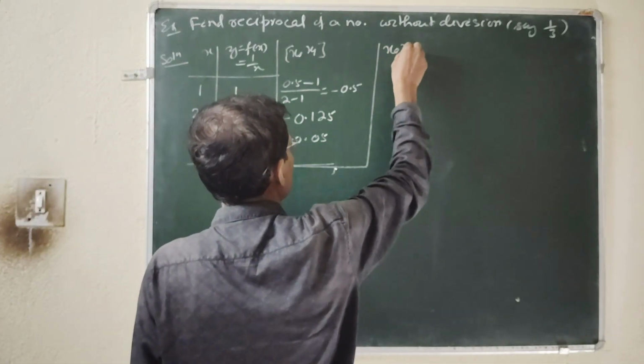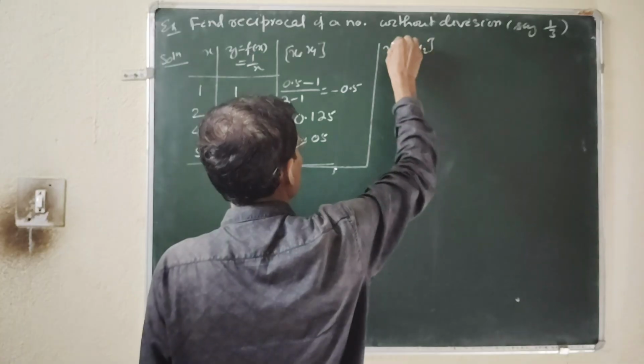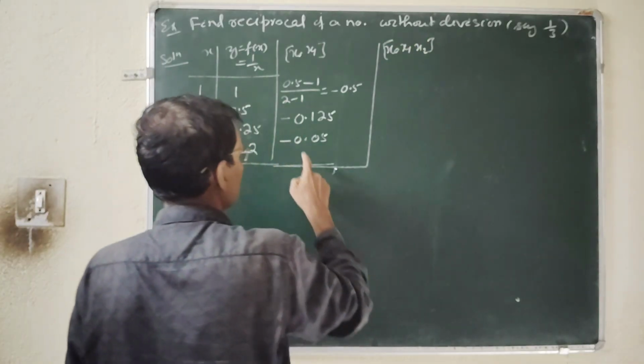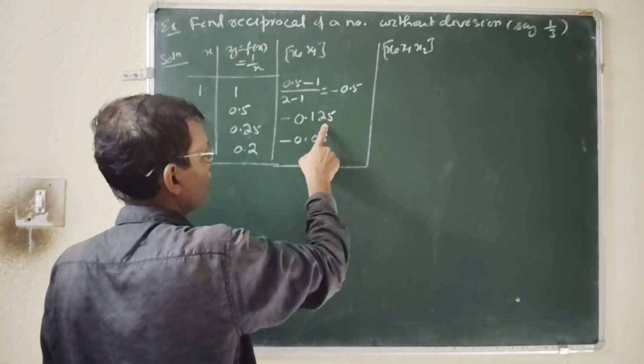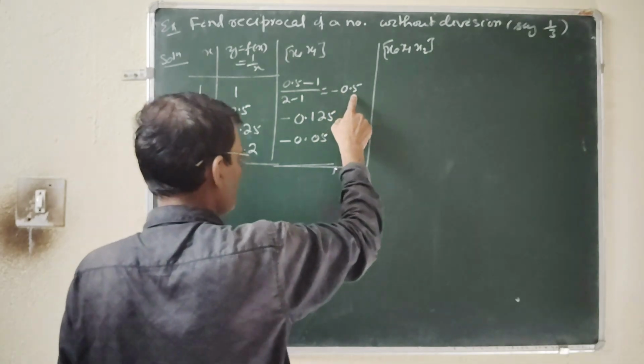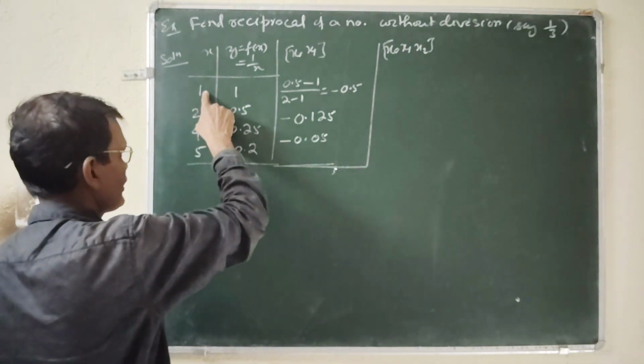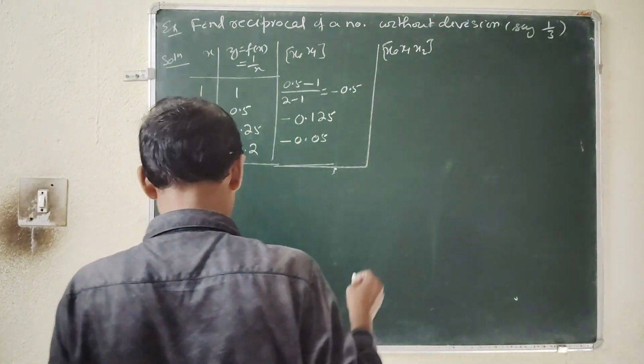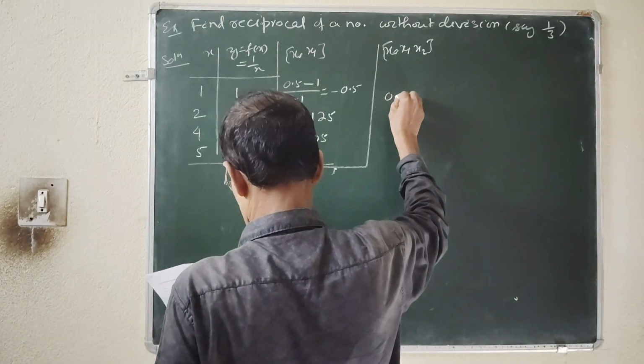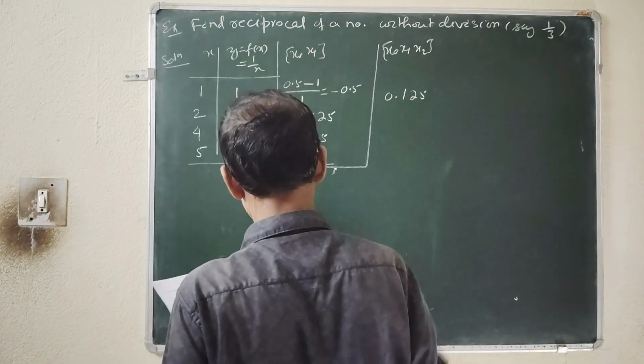Then you find the second order divided difference, x0, x1, x2. The result is (minus 0.125 minus minus 0.5) divided by (4 minus 1). If you calculate, the result is 0.125.